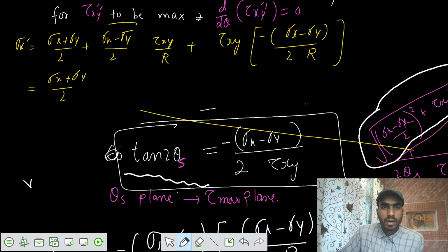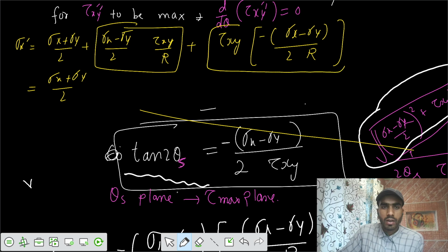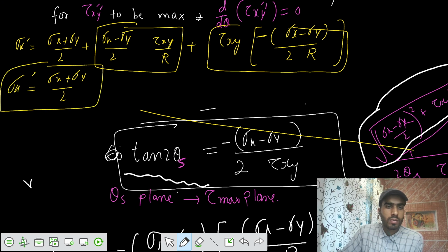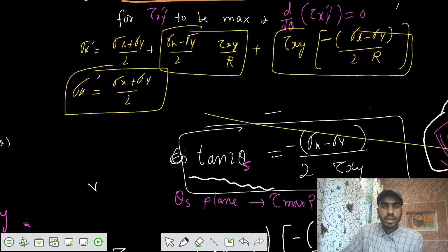In this part we have this value positive, and the same value is here also, but with a negative sign. So finally you get sigma x dash equals (sigma x plus sigma y) by 2.